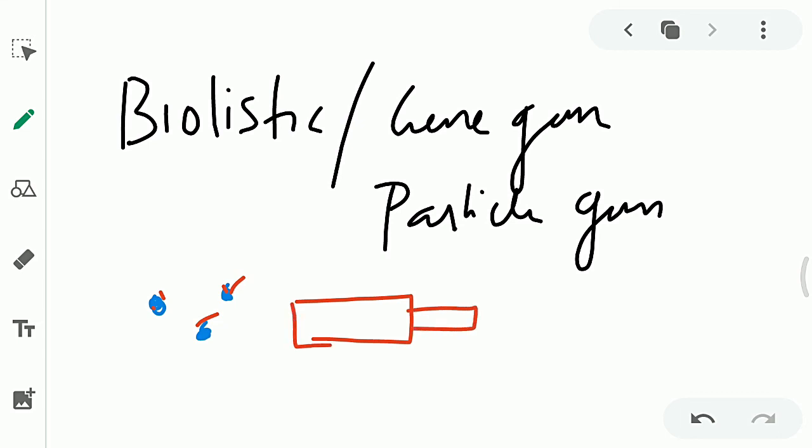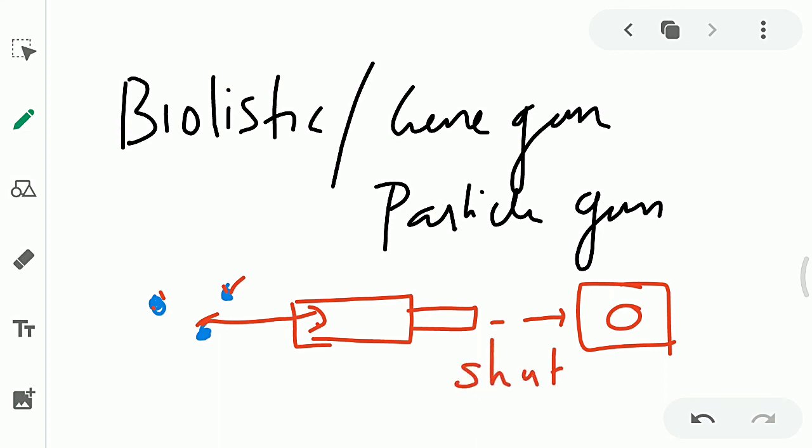Gun in the sense this is a particle gun. They are loaded into this, and these are shot against the cell. This is literally like shooting, but with a mild force, so that these particles would enter up to the host cell nucleus.